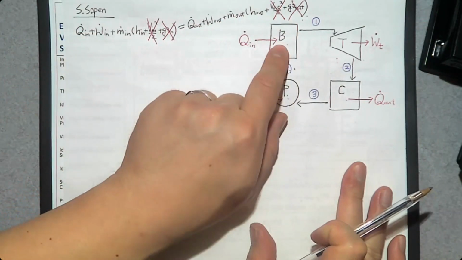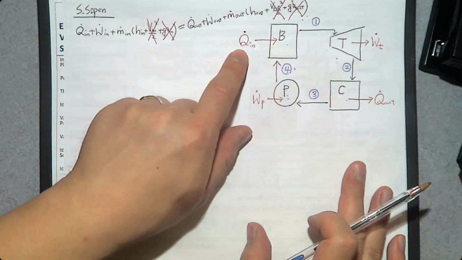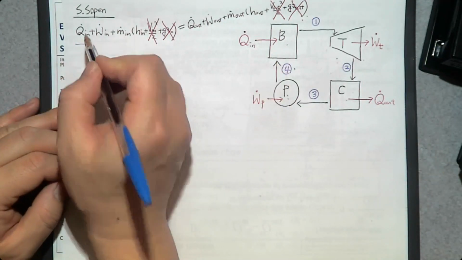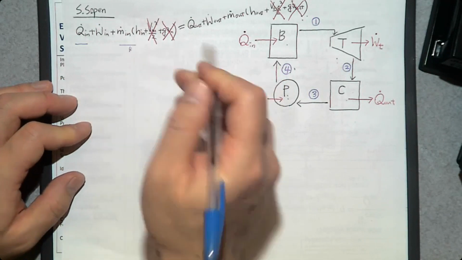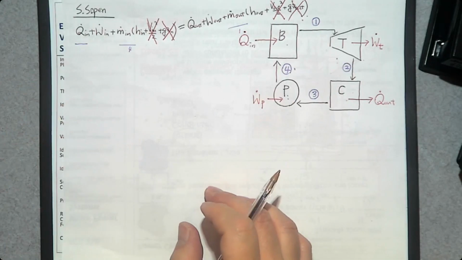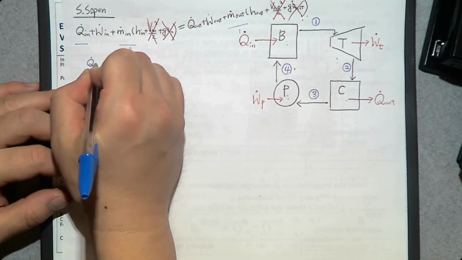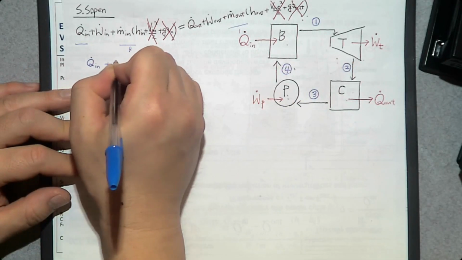We can apply this energy balance equation for this boiler first. So in this boiler, we have a heat transfer into the boiler, and the inlet is number 4, and the exit is number 1. So the energy balance equation is Q dot in plus m dot H4.